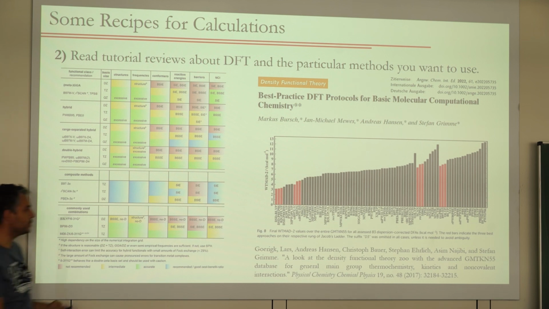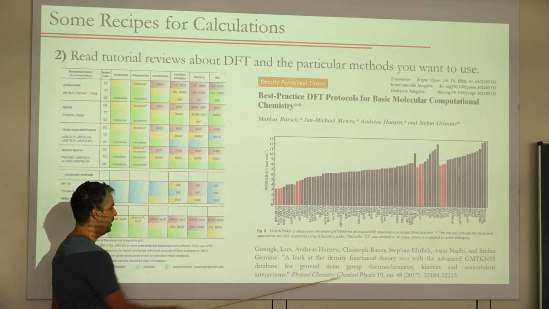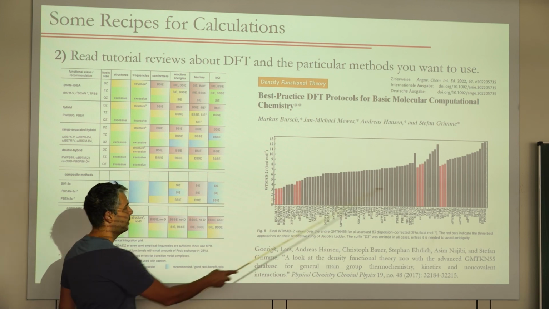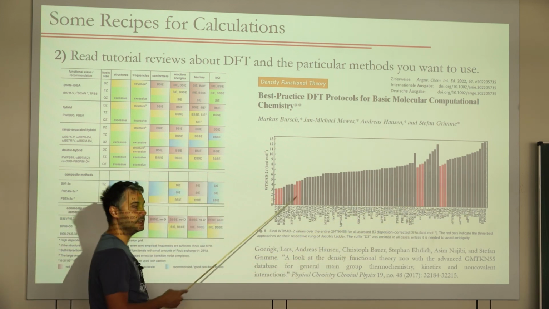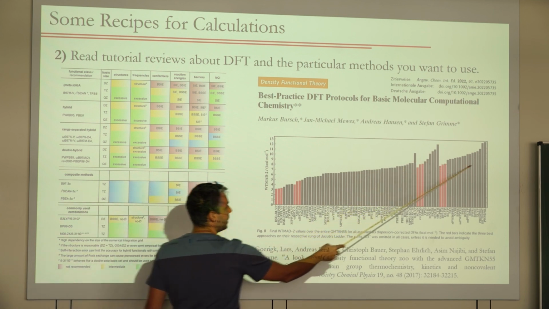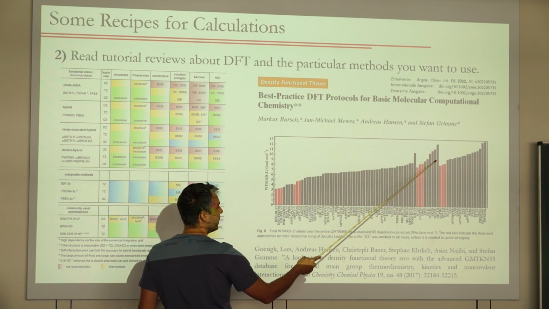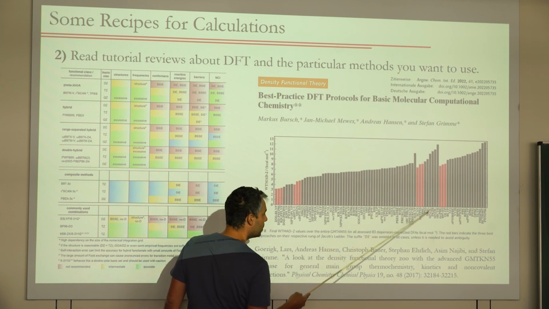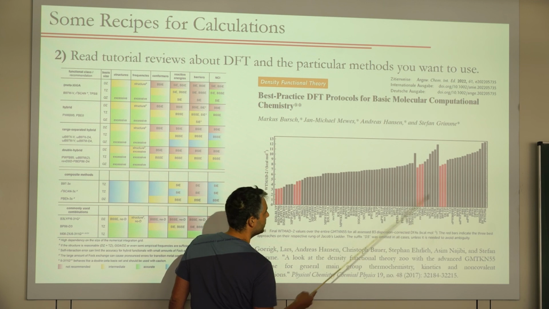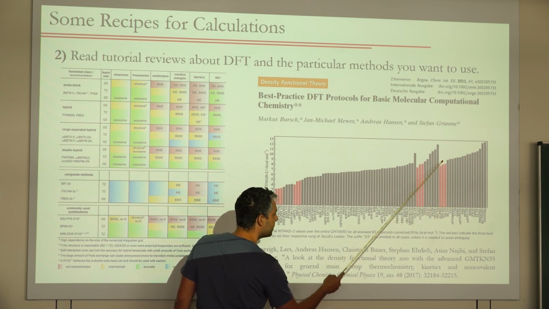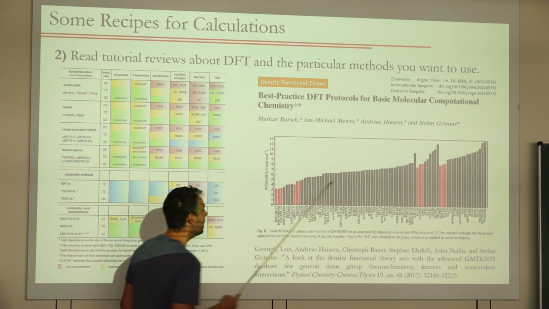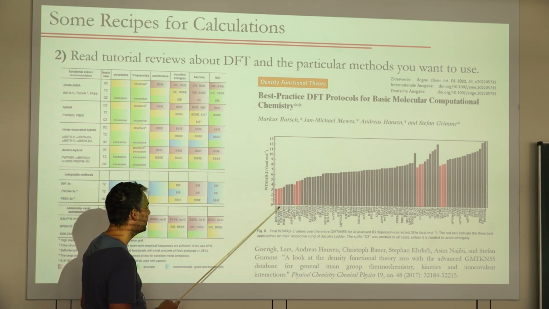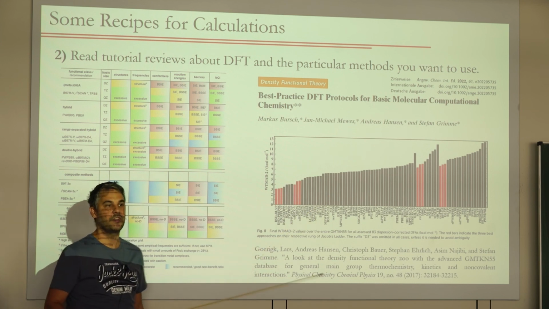Okay, there are many other options. This is another big benchmark paper, and it has all these functionals. These are GGA, these are meta-GGA maybe, and these are hybrid ones, including meta-GGA hybrids, and these are double hybrids or stuff like that. And the red ones are the best ones of each category.